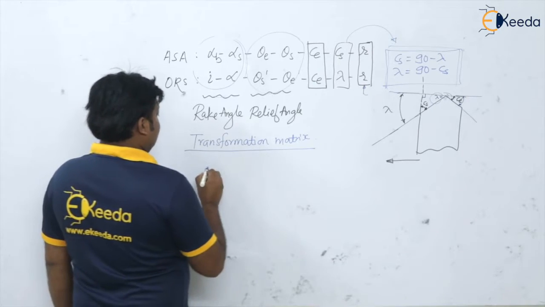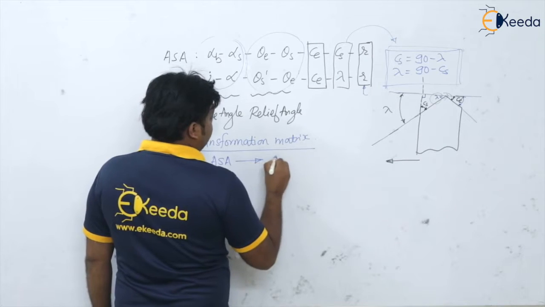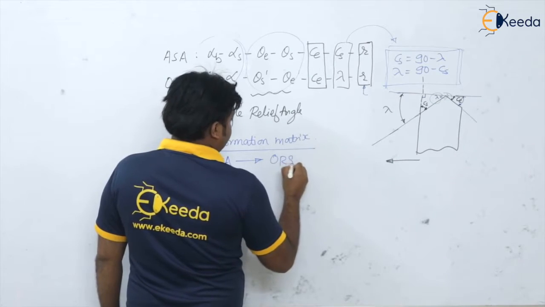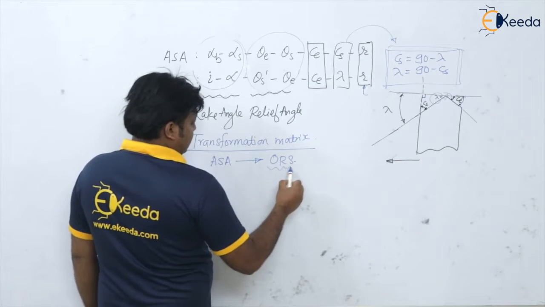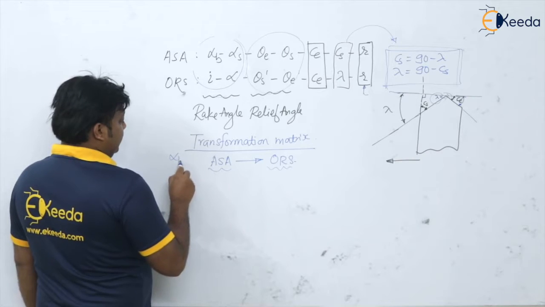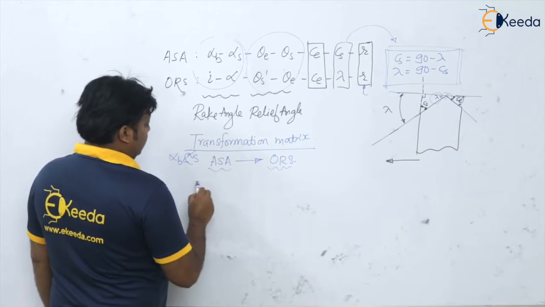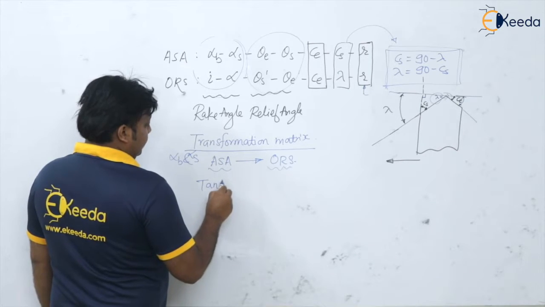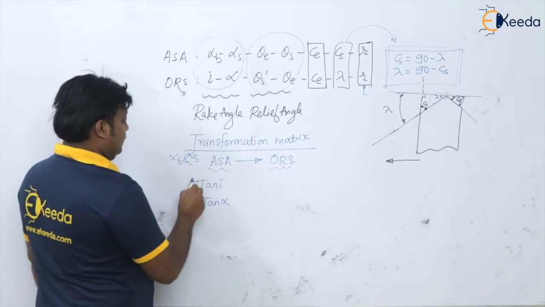Suppose you are given the ASA system and you are to convert it into the ORS. We are given the back rake angle and side rake angle. So how to find the inclination angle and the orthogonal rake angle?